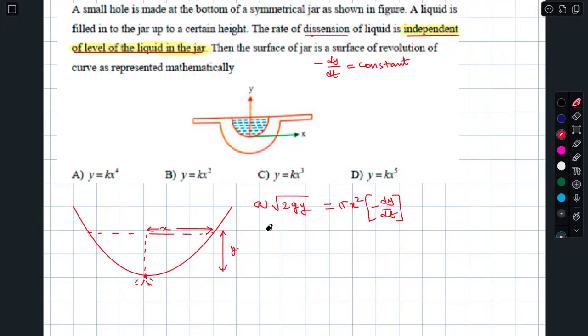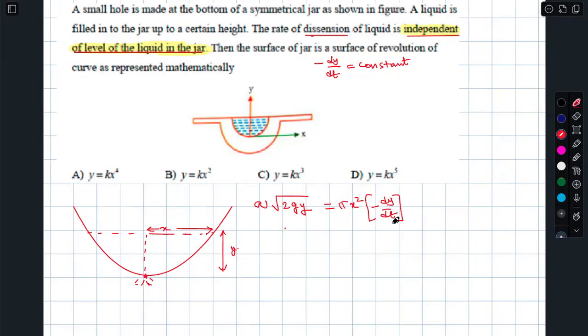So dy by root y is dy by root y. Here dy by dt is a constant, don't forget that.